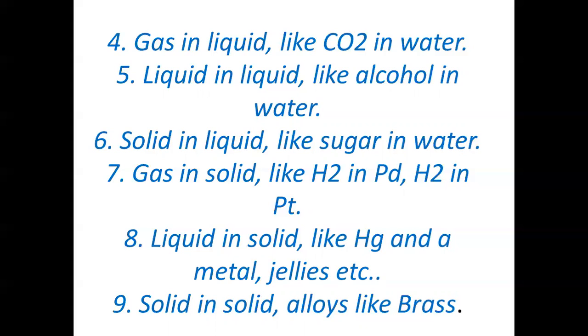The last one is solid in solid, like alloys: brass, bronze, steel, and many others. These are a type of solution in which solid is dissolved in solid. For example, in brass, zinc and copper are present in solid forms. They are melted together, stirred well, allowed to settle down, and then cooled.